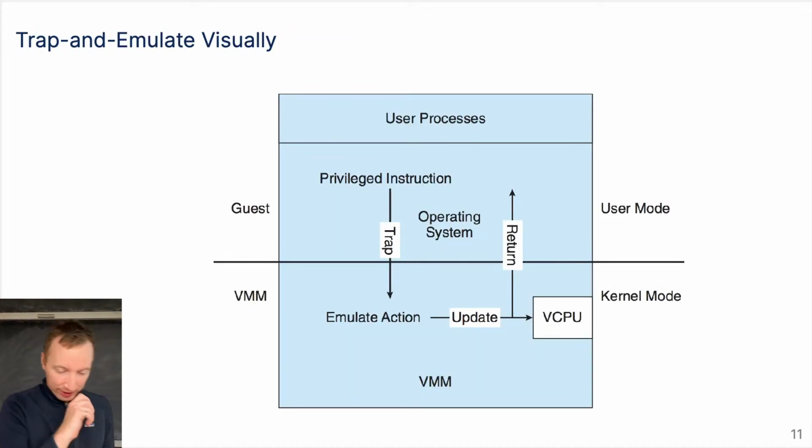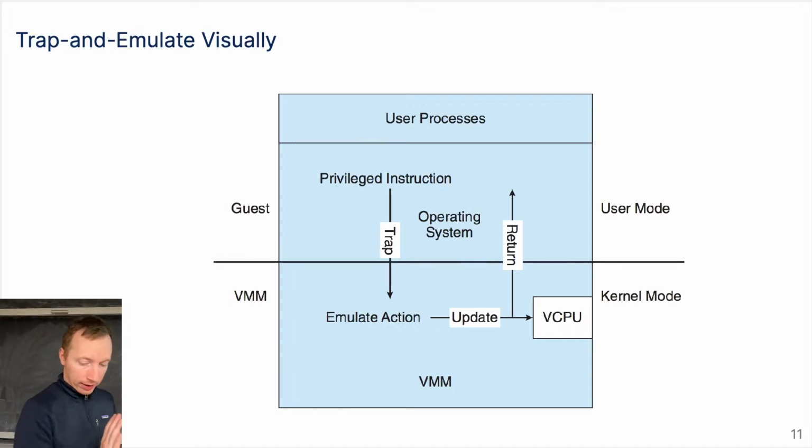So this is what it looks like visually. At the top of the big line is the guest, and at the bottom is the hypervisor or whatever is running it. In this case, for type 1, the whole thing is a user process.